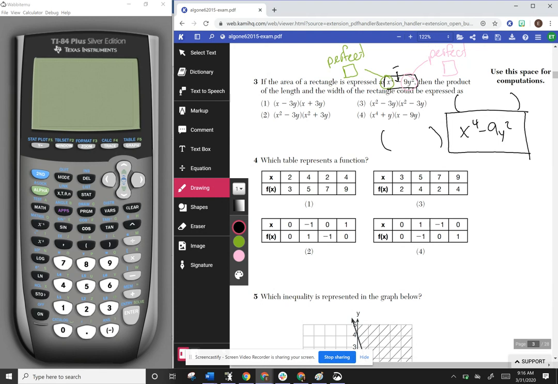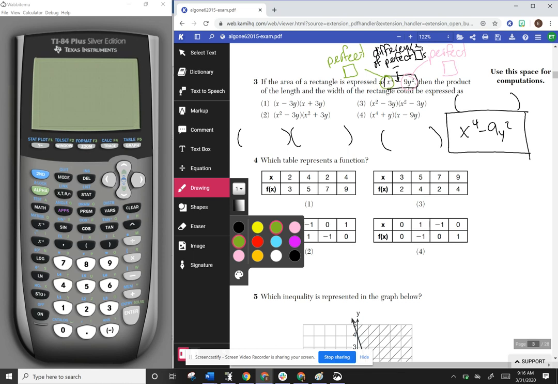So they're hoping that you realize this is the difference of perfect squares. And that's telling because when you factor the difference of perfect squares, it's always going to look like two binomials. And you're going to take the square root of the first term.